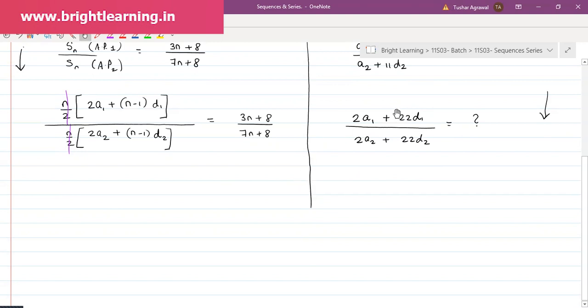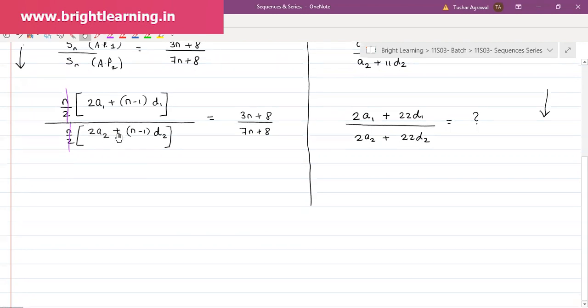If I do, the numerator will match my target. What about the denominator? Will it match if I make n equal to 23? Let's check. If I take n equal to 23, twice A2 plus 22 D2. Yes, luckily the denominator also matches the target.